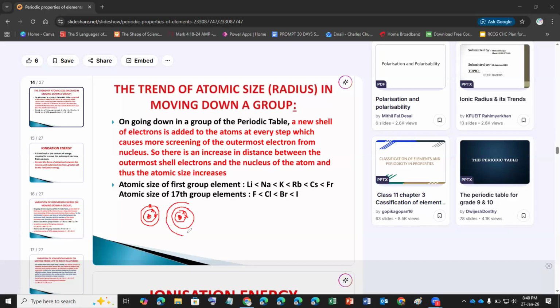So that's how we get 11. 2 plus 8 plus 1. So remember that formation. 2 plus 8. So let's put 8. That's 2, 4, 6, and then 8.